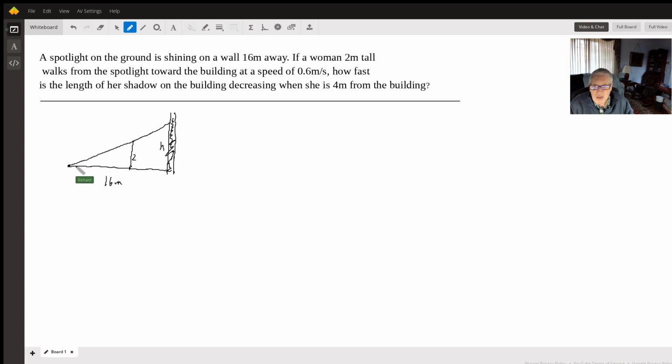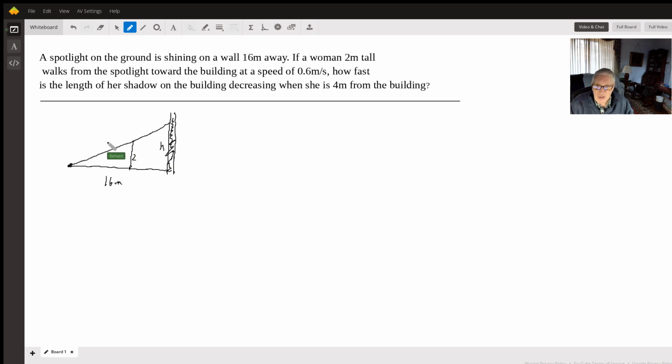The problem is there's a spotlight down here on the ground, and it's shining on a person that's two meters tall. You can see the shadow is going to be here to here, and we're going to call that h, the height of the shadow.